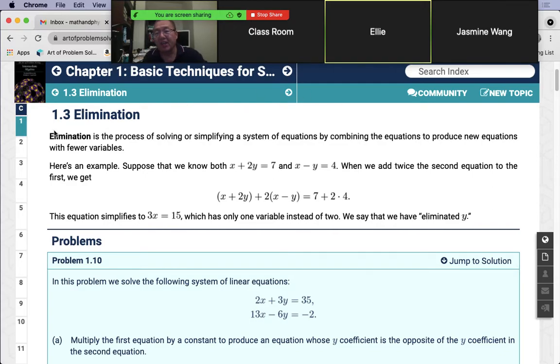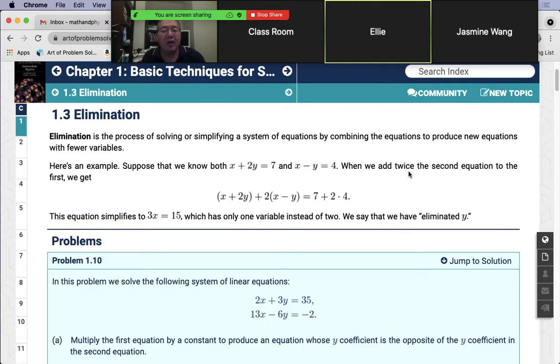So you can see here, elimination is a process of solving or simplifying a system of equations by combining the equations to produce new equations with fewer variables. So here is an example. Suppose we solve these two equations, x plus 2y equals 7 and x minus y equals 4.